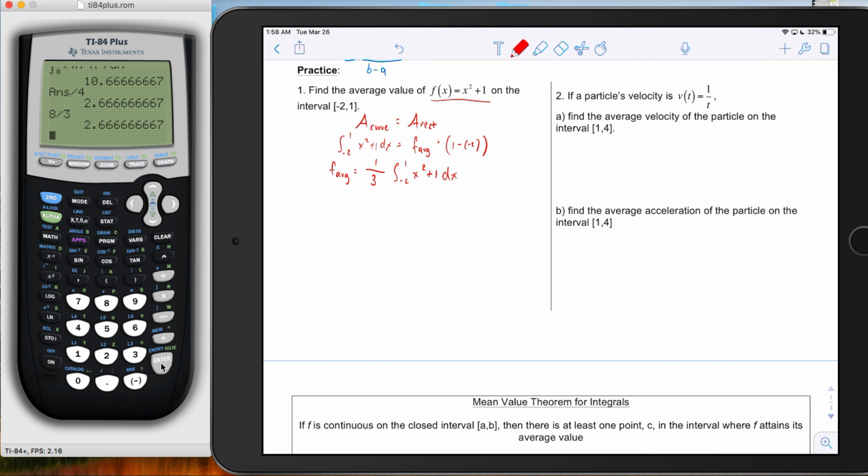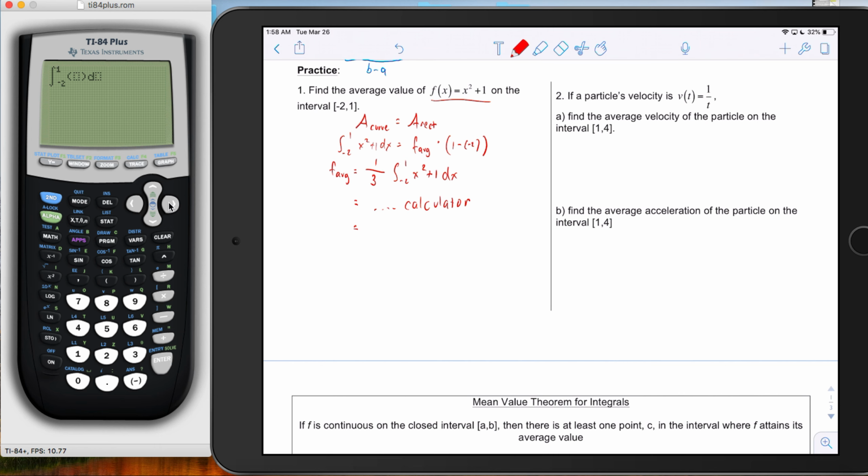Okay, now I can take the definite integral and all that good stuff, but I'm going to use the calculator because I don't want to do that right now. So once again, I go to math, number 9, the integral, and we're going from -2 to 1.